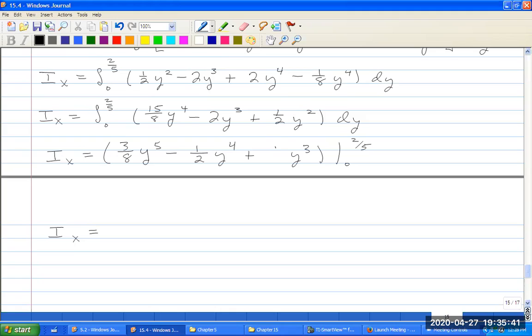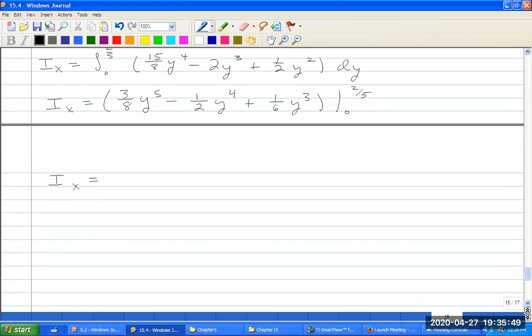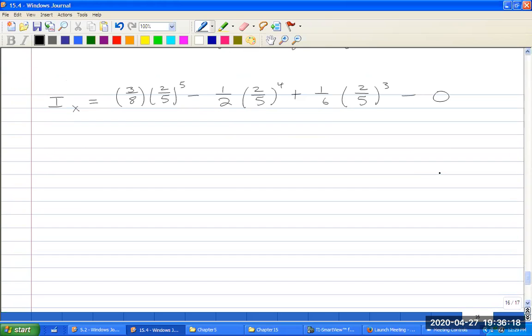3 times 2 is 6. Good, I caught that. Okay, 3 times 2 is 6. Okay, so let's plug in 2/5. So this is 3/8 times 2 over 5 to the 5th, minus 1/2 times 2 over 5 to the 4th, plus 1/6 times 2 over 5 cubed, and then everything else is going to be 0 when you plug in 0.